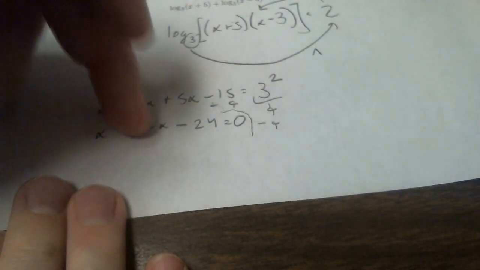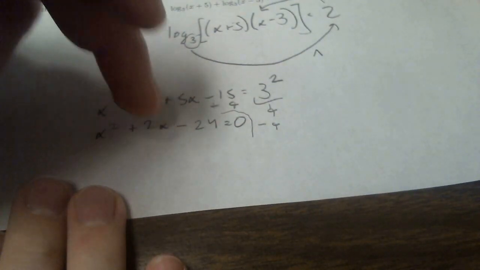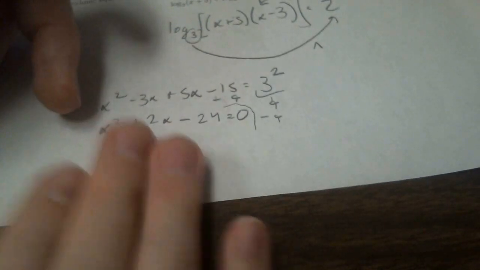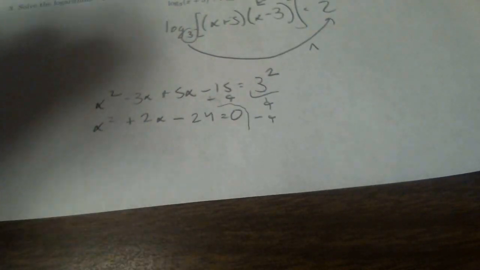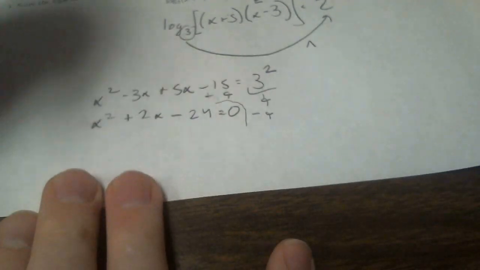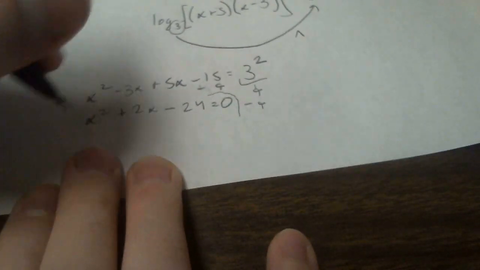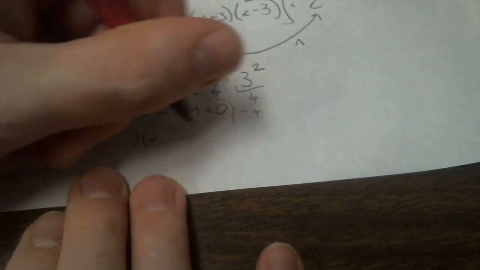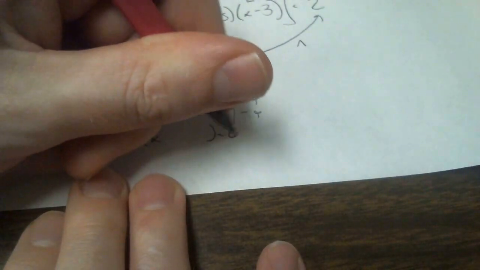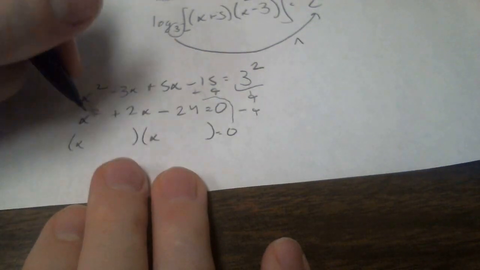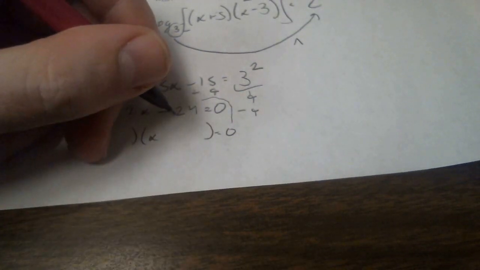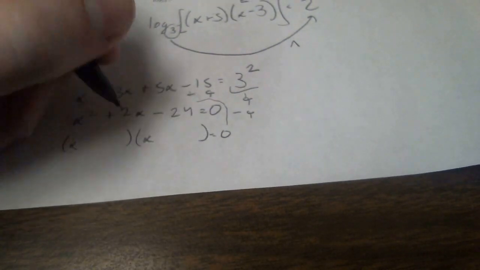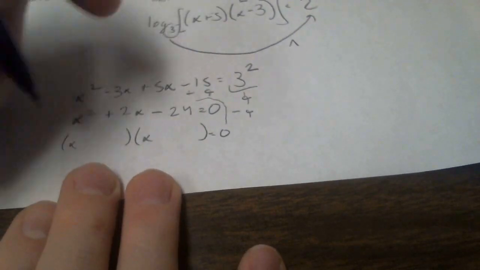All right. So at this point, it's just a matter of solving this quadratic equation. So again, you can use completing the square, you can use the quadratic formula. In this case, it does end up factoring nicely, so I'm going to go ahead and factor it. But again, either route you take, you'll end up at the same destination at the end here. All right, so you have x and x. We're looking for two things that multiply together to get negative 24 and add together to get positive 2.